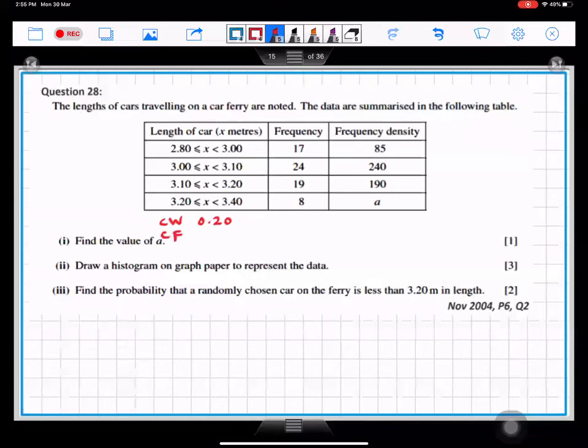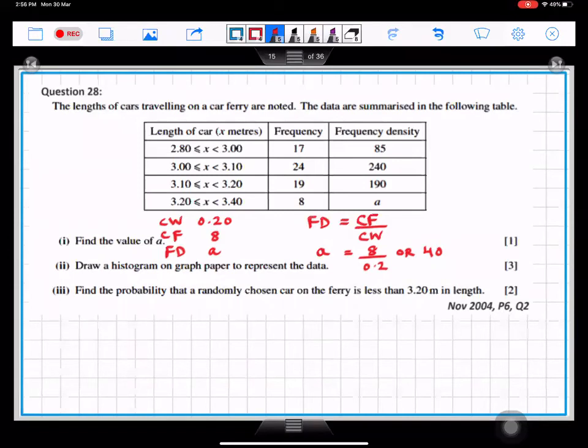Class frequency is 8, and frequency density is A. So A is class frequency over class width, which is 8 over 0.2. 0.2 is 1 over 5, so you get the answer as 40. So there were 40 cars that belong to the last category, 3.2 till 3.4.